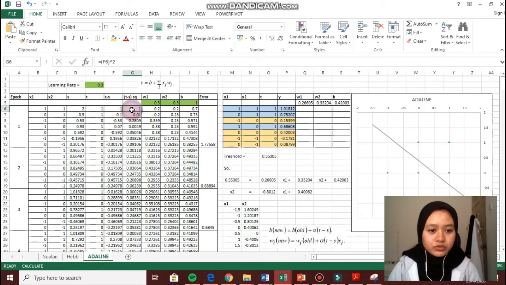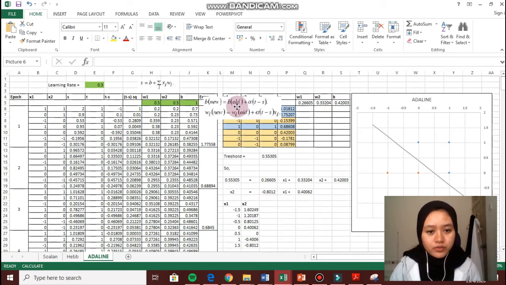And then we have to take t minus s to the power of 2. How do we find the value of w new? In this case, we need to use this formula. For example, 0.5 as its old value plus alpha, also known as the learning rate, 0.3, multiplied by t minus s, multiplied also by x1, then we will get 0.2.